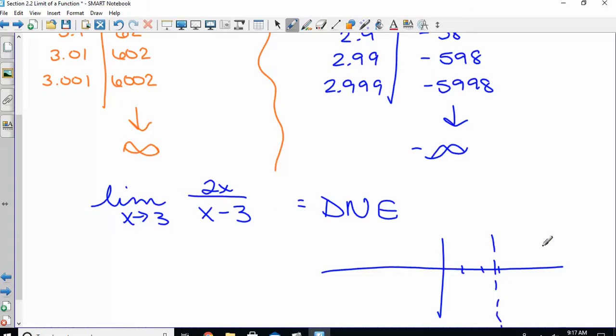As we're coming in from the positive side, it's going to infinity. As you're coming in from the negative side, it's going to negative infinity. So they don't match, but if you did left and right separately, you do have limits. Is that one okay?